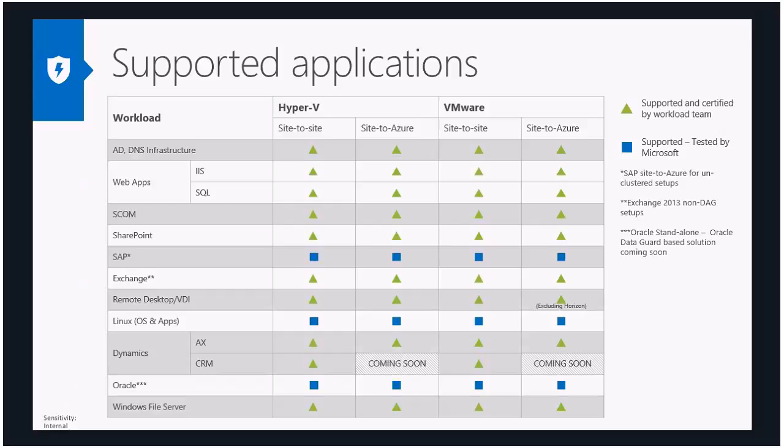Now these have been validated by the product teams from a Microsoft standpoint as operational and works with this solution. And we see things like SAP, Linux, Oracle, things that obviously are not Microsoft technologies, but have been tested with the solution by Microsoft as supported. And we see there's still things that are in the works as labeled coming soon. So they're continually adding and enhancing the solution even further on nearly a daily basis.